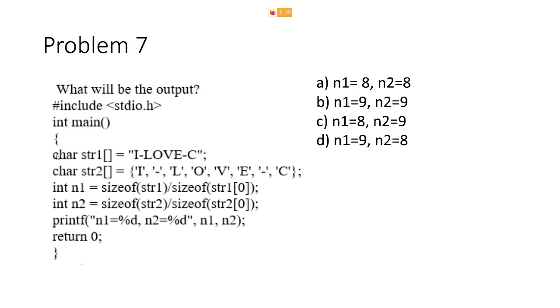First we have an array of characters, str1. Then there is a second array of characters, and we are using two different notations here to initialize them. Then we are computing the size of these two arrays using the sizeof operator, n1 and n2, and it is asking you to print n1 and n2.